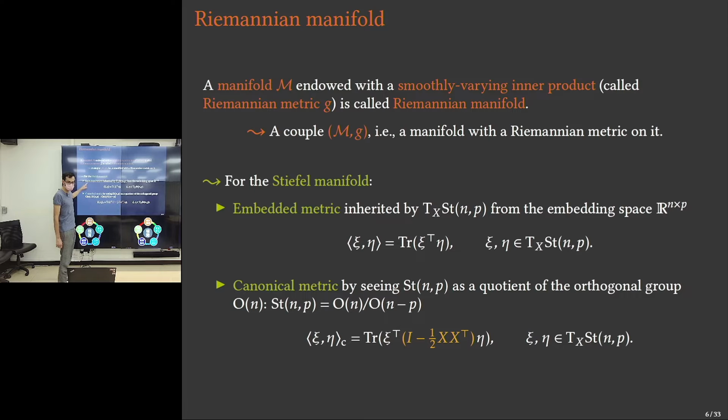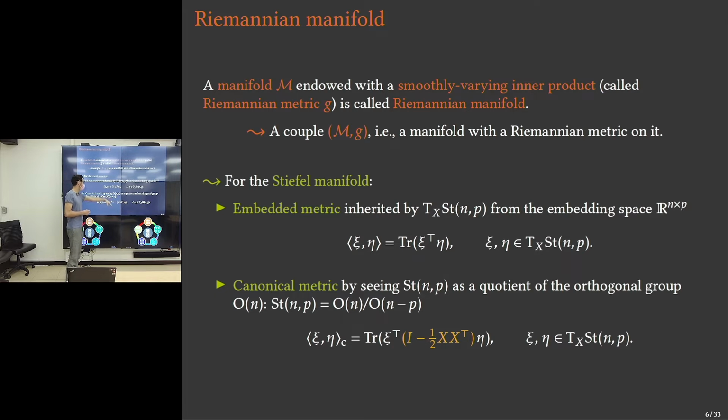The embedded metric, which is inherited by the Stiefel manifold from the embedding space R^(n times p). It's just an inner product for matrices, also called the Frobenius inner product because it induces the Frobenius norm. And the canonical metric is given by seeing the Stiefel manifold as a quotient of the orthogonal group.